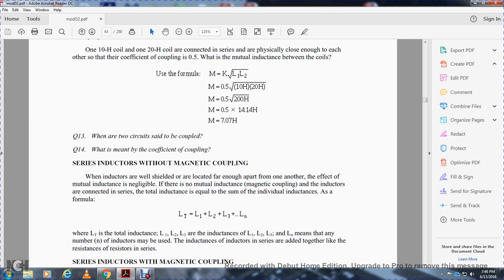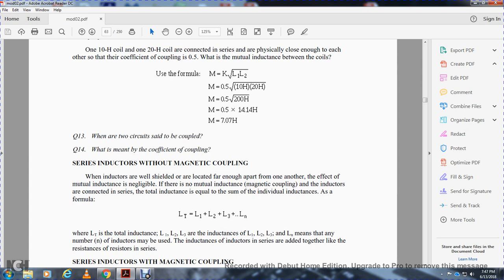When are two circuits said to be coupled? Consider series inductors without magnetic coupling: inductors that are well shielded or located far enough apart from one another, so the effect of mutual inductance is negligible. When the inductors are connected in series, the total inductance is equal to the sum of the individual inductances.